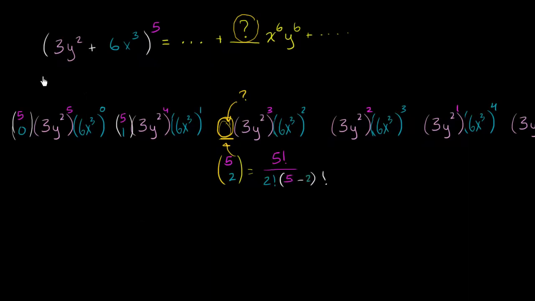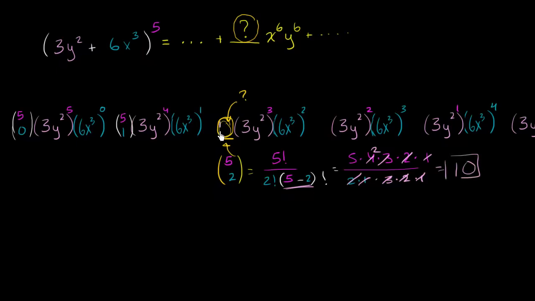And this is going to be equal to 5 factorial, which is 5 times 4 times 3 times 2 times 1, over 2 factorial, which is 2 times 1, and then 5 minus 2 factorial is 3 factorial, so times 3 times 2 times 1. So this 3 could cancel with that 3, that 2 could cancel with that 2, the 1s don't matter, and then 4 divided by 2 is 2. So we're left with 5 times 2, which is equal to 10. So this number right over here is going to be a 10.